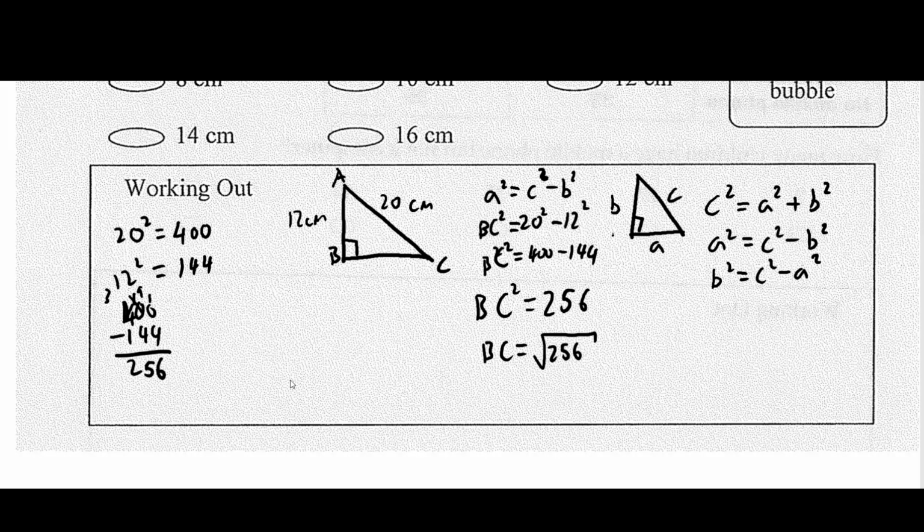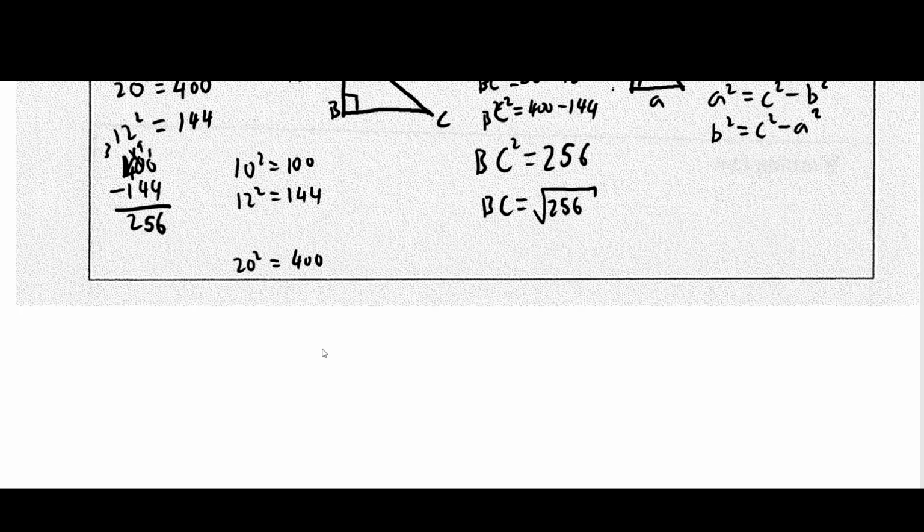Okay, let's do some square numbers here. So we've got 10 squared is 100. We know 12 squared is 144, and we know that 20 squared is 400. So we're looking for something squared that is 256. Let's try some other numbers here.